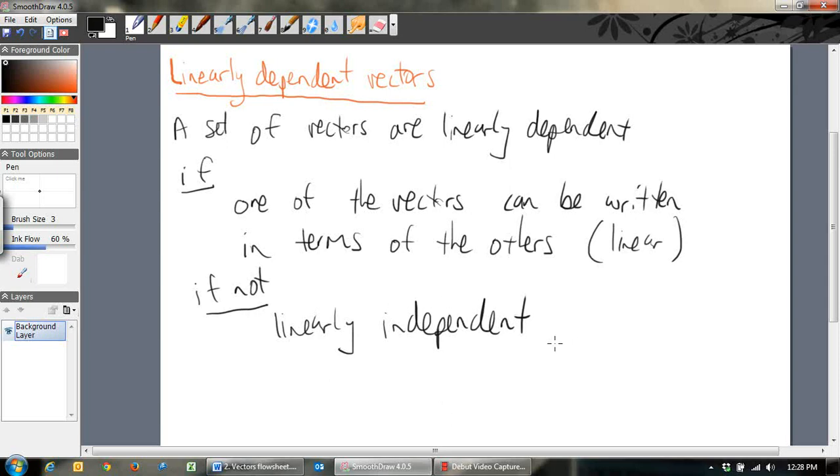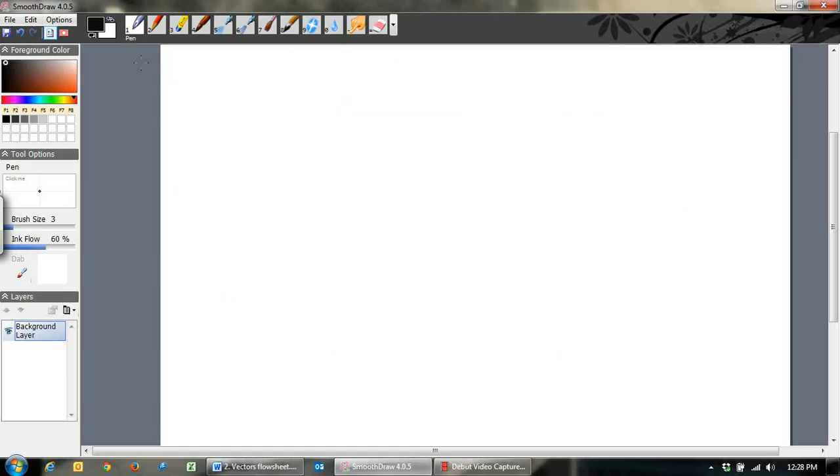And so what we'll do is have a look at what this means more closely. If you have two vectors A and B, are these linearly dependent? Well, if they're linearly dependent, that means you can write one in terms of the other.